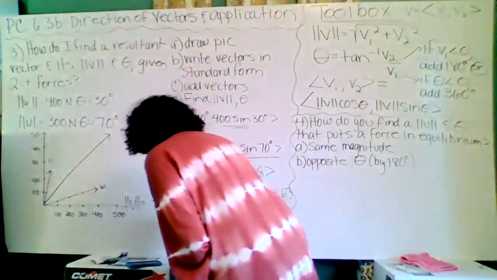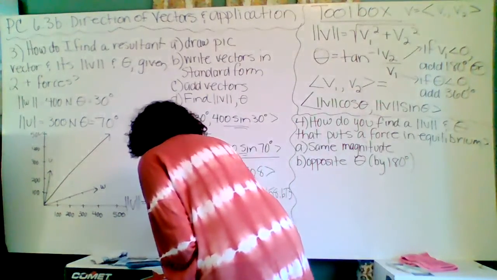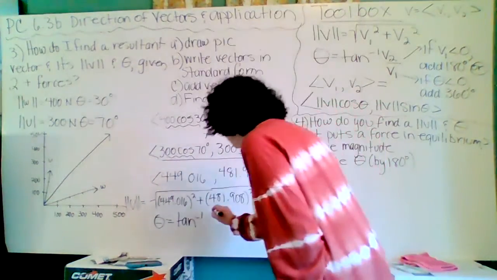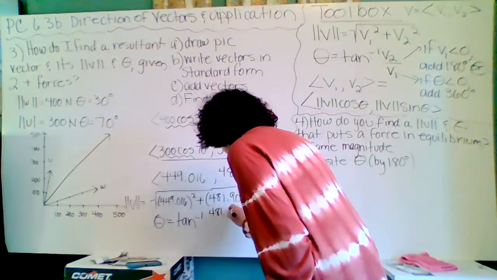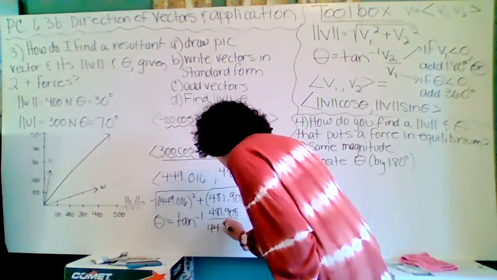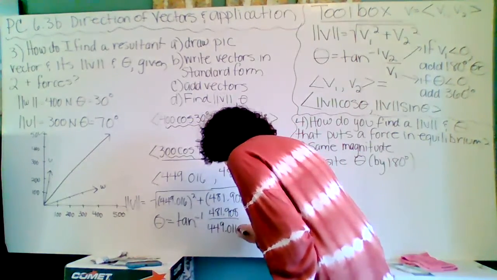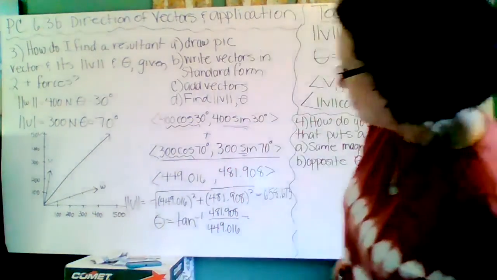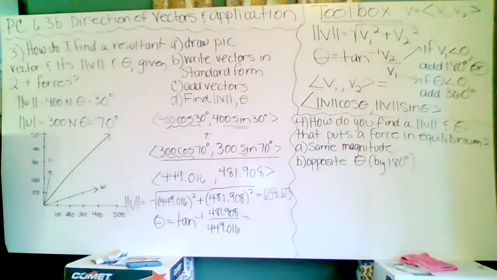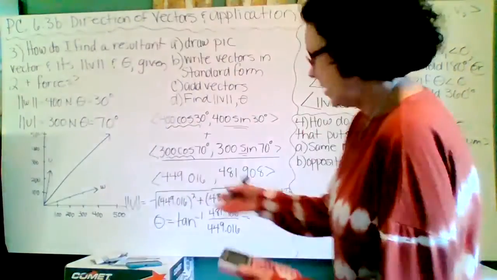Let's get that angle measured. That is inverse tangent of 481.908, right? V2 over V1. From the picture, it looks to me like, if my drawing is semi-accurate, around 50, 60 seems to be the angle measure.